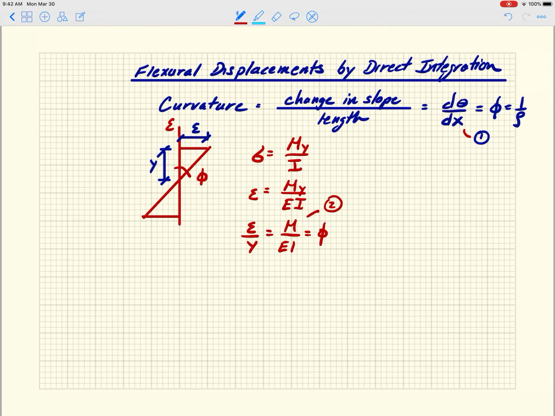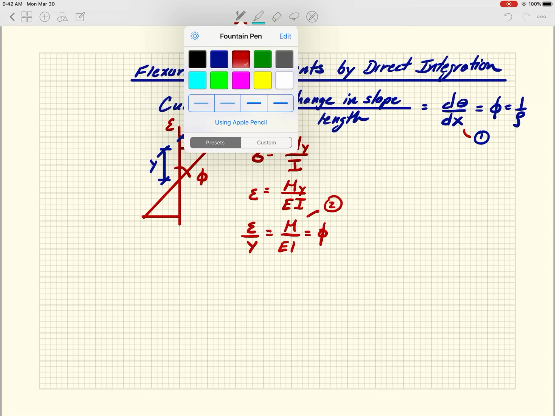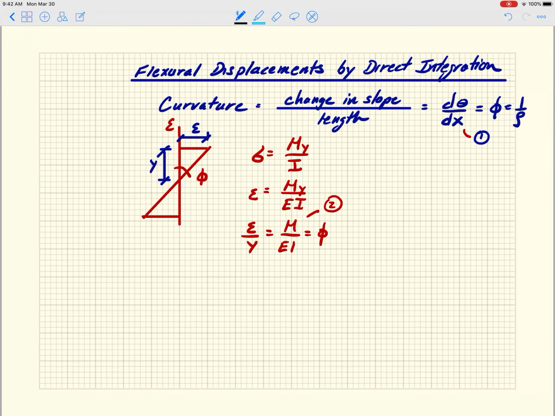And that guy here is a second way of representing curvature, right? So I'm going to write that d theta dx, that's curvature, equals M over EI. That is also curvature.